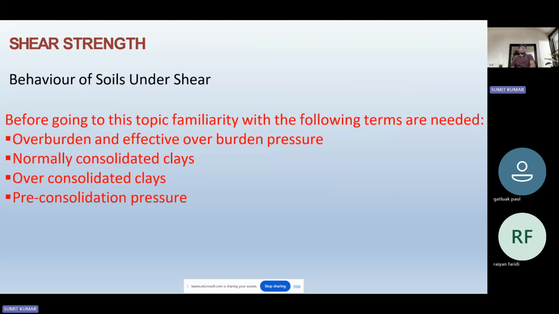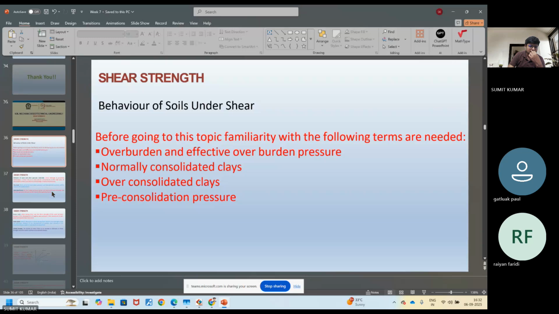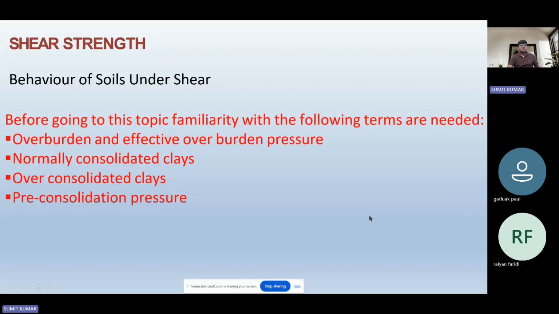Now let's move ahead with some more discussions before moving to some other types of questions we have. One additional point I want to mention: I have created about 100 slides, which is next to impossible to cover in this class alone. But those slides only contain questions, questions, and questions at the end.